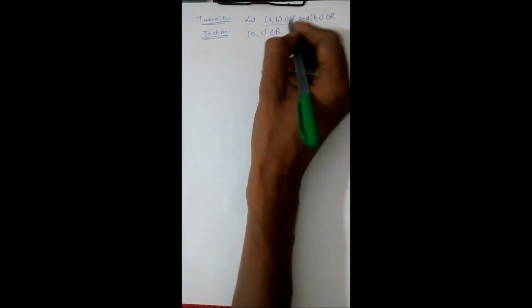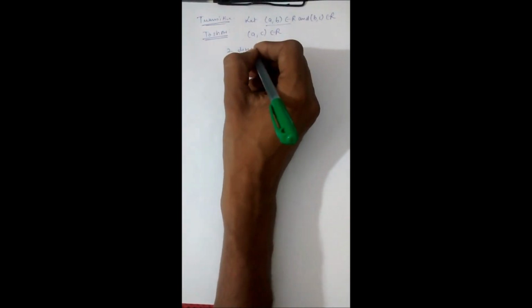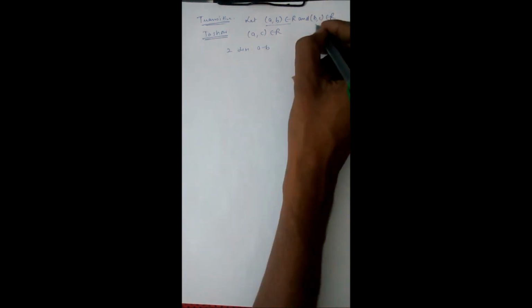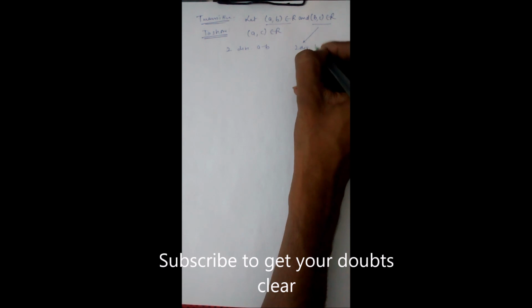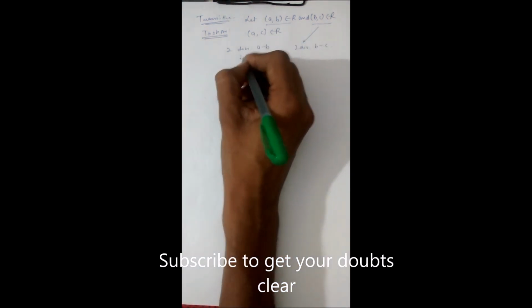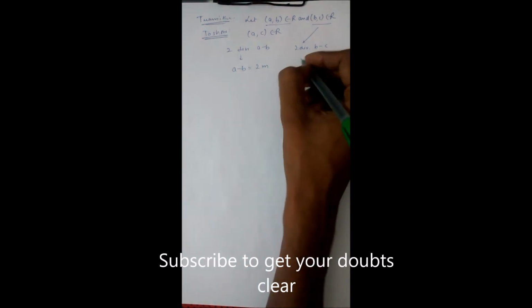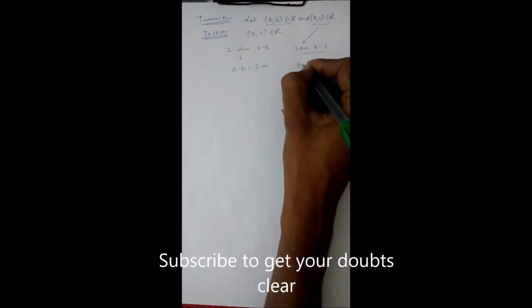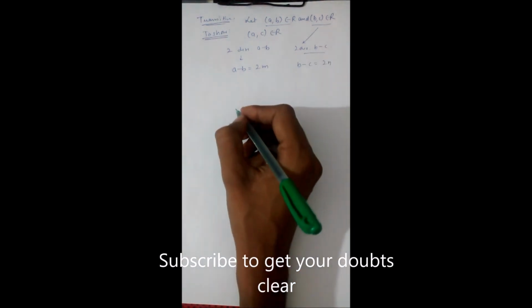Now this condition gives me 2 divides a minus b, and this condition gives me 2 divides b minus c. This means that a minus b equals some 2m, and that b minus c equals some 2n.